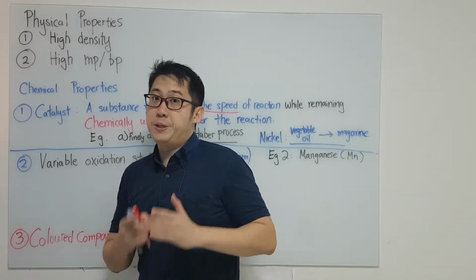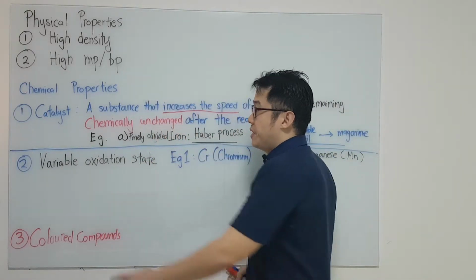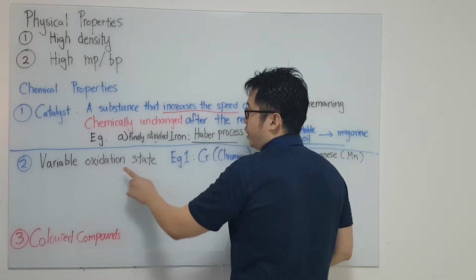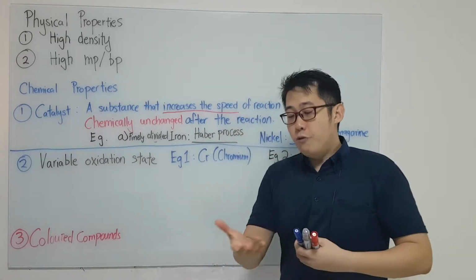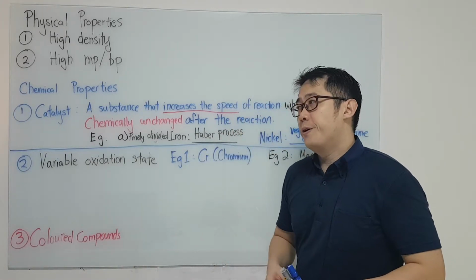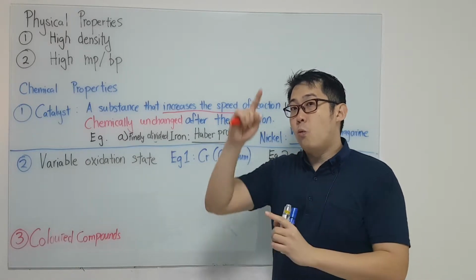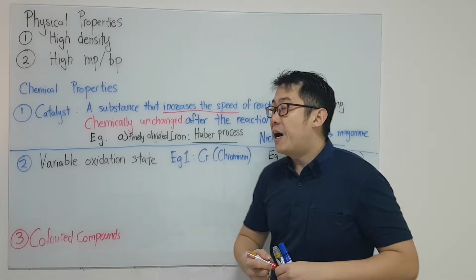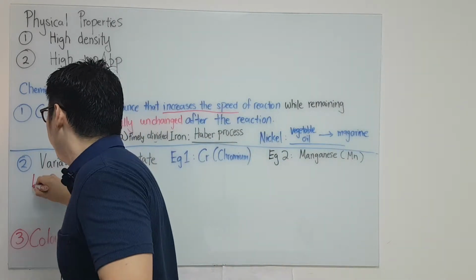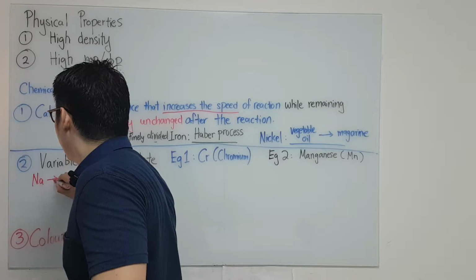Another chemical property of your transition elements is that they have variable oxidation states. Now, if you recall your group 1, for example, your sodium. Sodium has a group number 1. So what happens is that they form ions. Sodium forms ions, which is Na+.